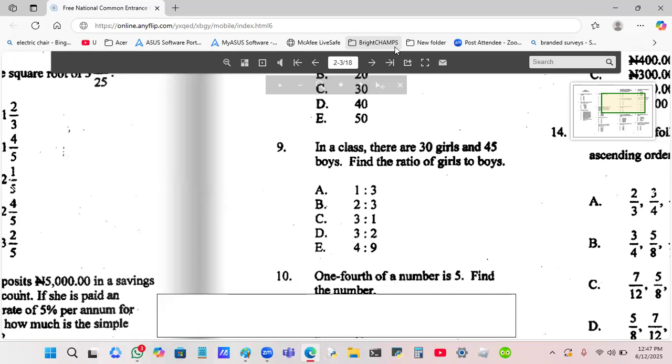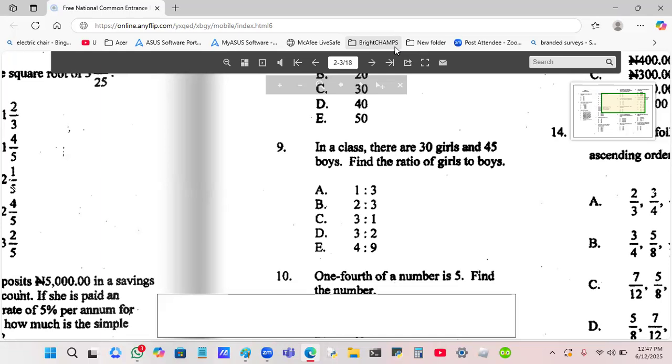We can otherwise call them G ratio B. All right. So how are you going to go about it? Do you remember what I said that ratio is like in mathematics?